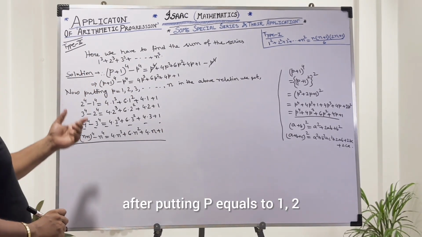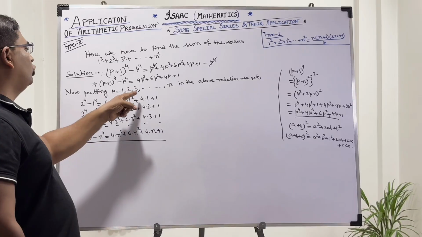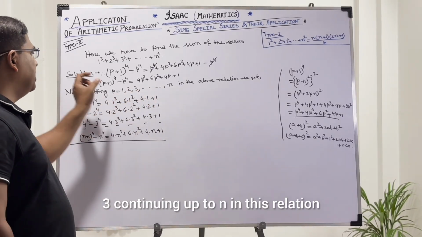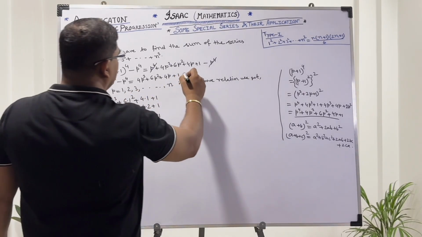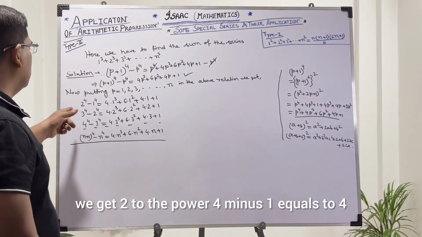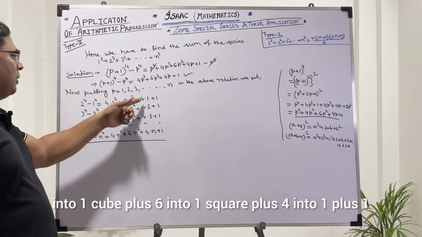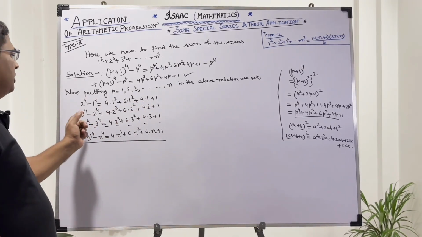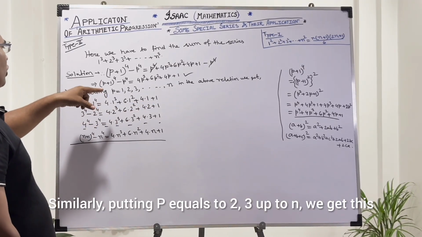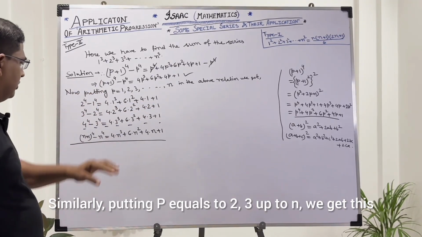Okay. After putting p equals 1, 2, 3, continuing up to n in this relation, we get 2^4 − 1 = 4 × 1^3 + 6 × 1^2 + 4 × 1 + 1. Similarly, putting p equals 2, 3 up to n, we get this.